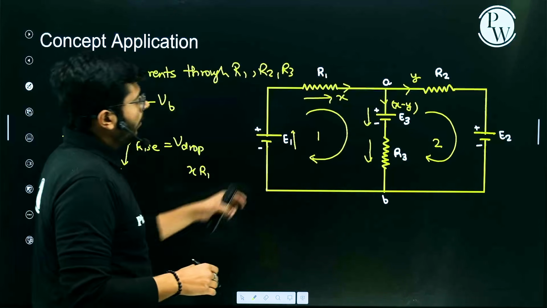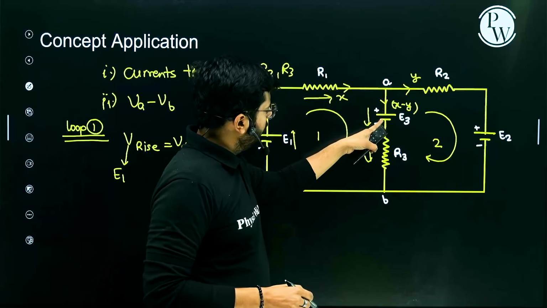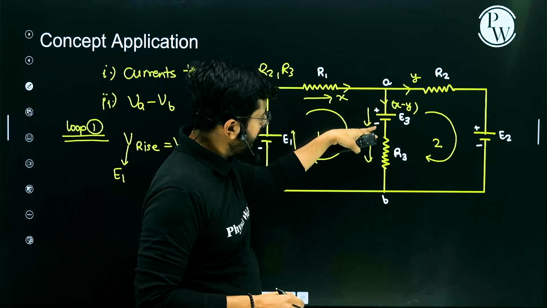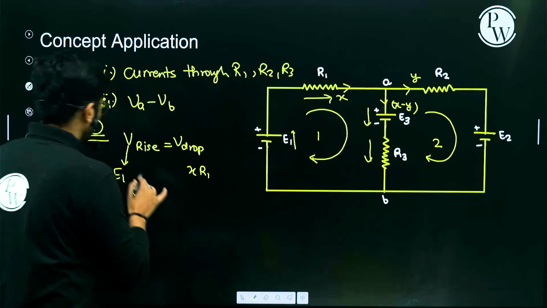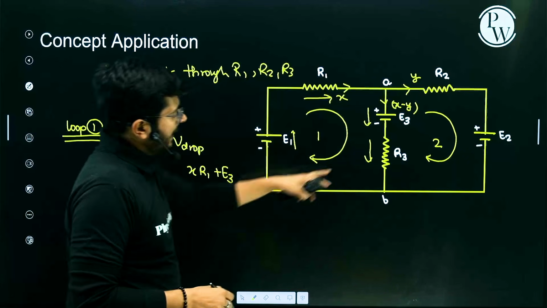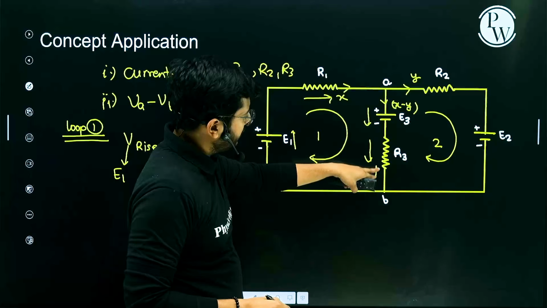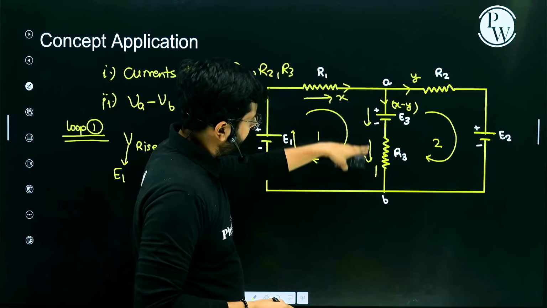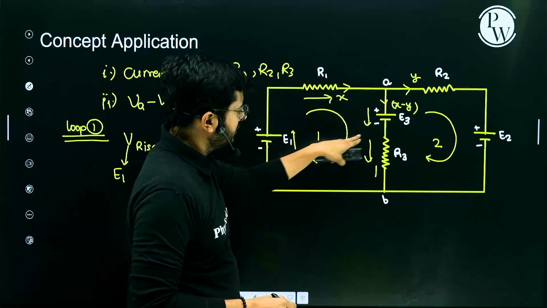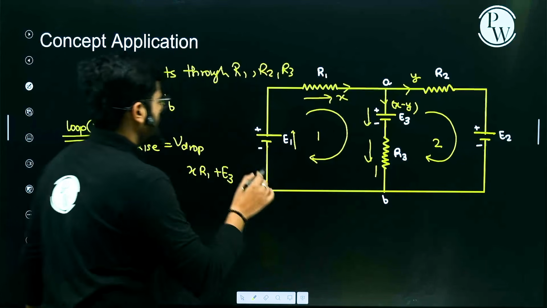Now what is happening? When you move at this place, you are moving from higher to lower. If you are analyzing in this direction from higher to lower, for E3 you will get the drop. So again, write it on the drop side. And while analyzing this resistor R3, you are moving in the direction of current. Current is moving this way, and you are also analyzing in the same direction, so higher to lower, you are also getting a drop.